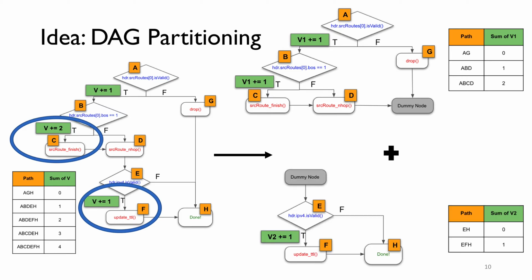Our other partition would then look like this, and it includes the action F. And as you'll see, this partition completely ignores v1 and would only perform updates to v2. As a result of these partitions, you would need both the variables v1 and v2 together to identify the path, rather than just our single variable v.